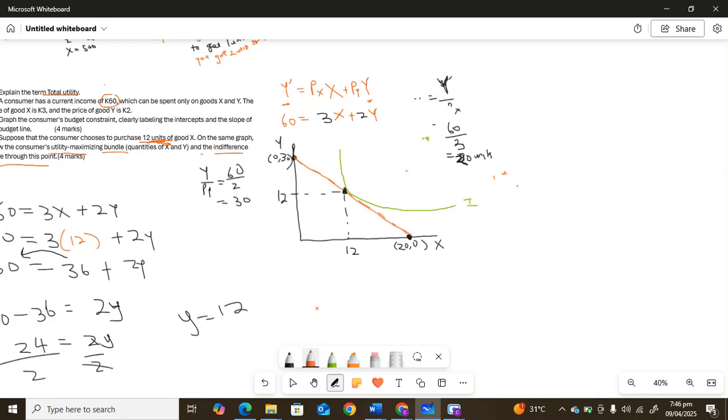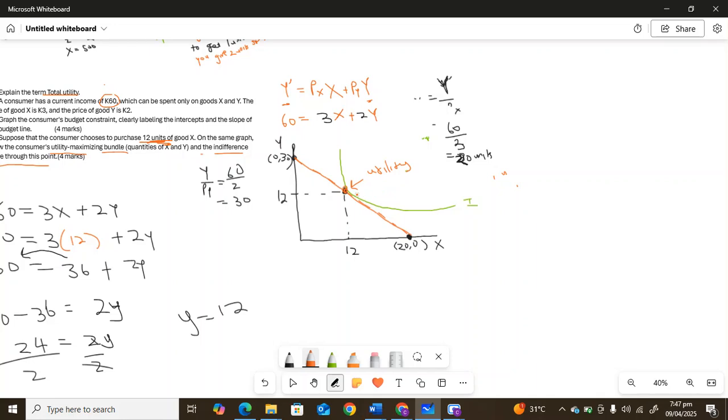So the utility maximizing bundle, which is the combination of good X and good Y that is going to give you the most satisfaction, occurs where the indifference curve is tangent to the budget line. When we say tangent in mathematics, it means they have the same slope.